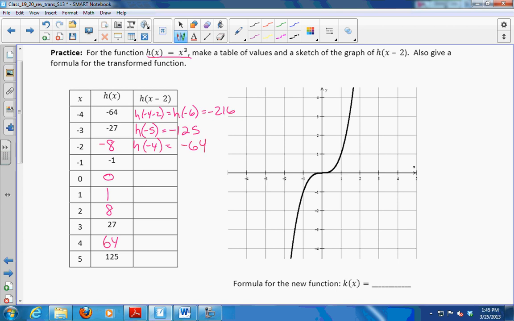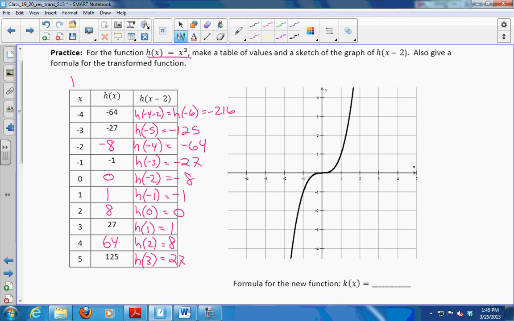And then here I'm going to get h of negative 3, which is negative 27, h of negative 2, which is negative 8, h of negative 1, which is negative 1, h of 0 is 0, h of 1 is 1, h of 2 is 8, and h of 3 is 27.